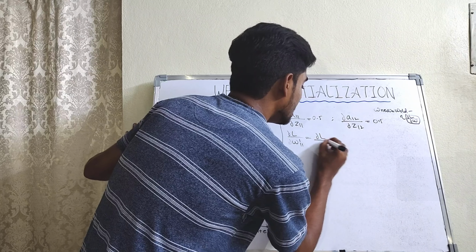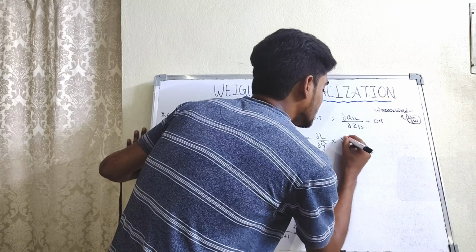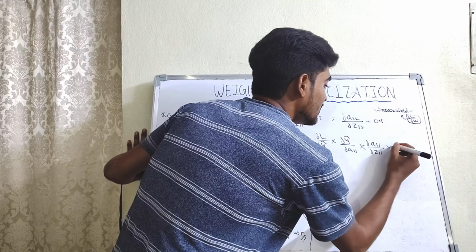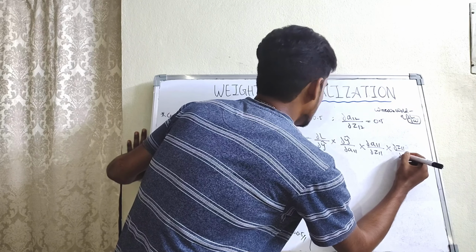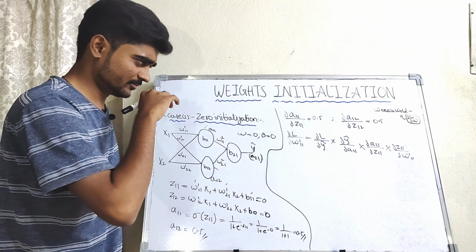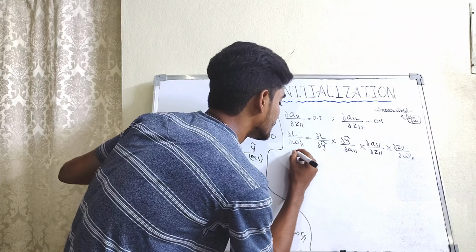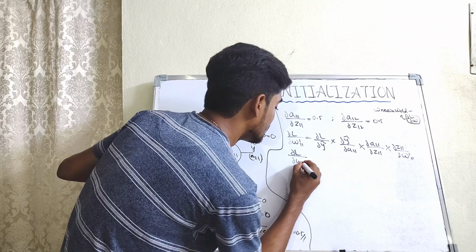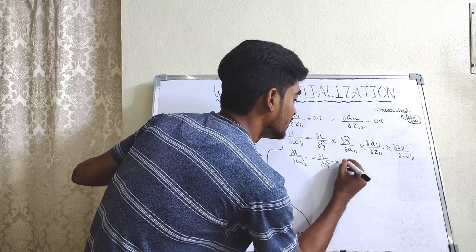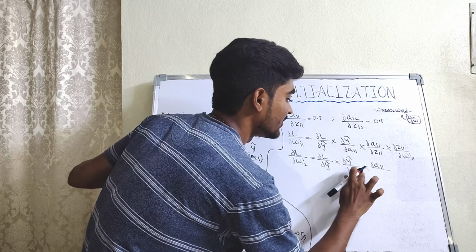This comes out to be dou L by dou y hat, into dou y hat by dou a11, and dou a11 by dou z11, and dou z11 by dou w111.